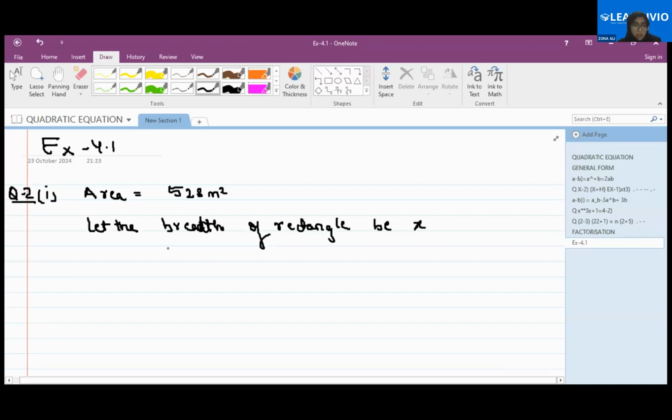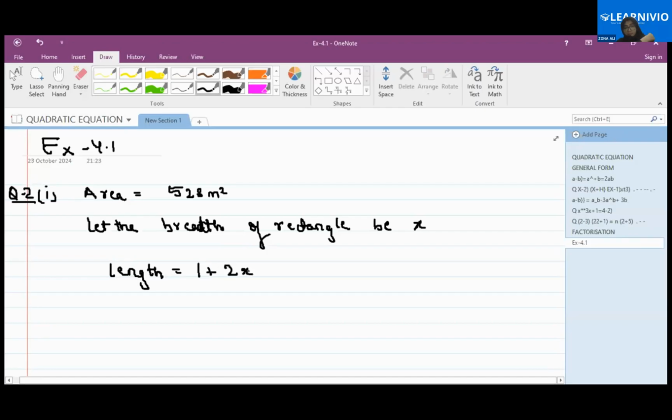So I said that the length is L. We cannot use two variables because we have to solve this in a single variable. So the length is equal to one more than twice the breadth, 1 plus 2x, breadth is x.